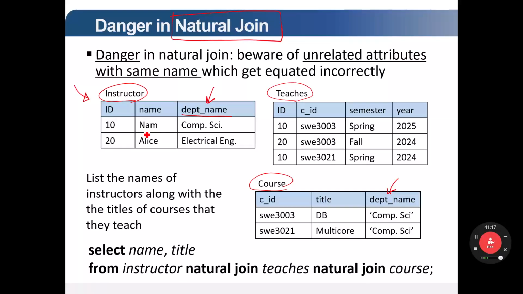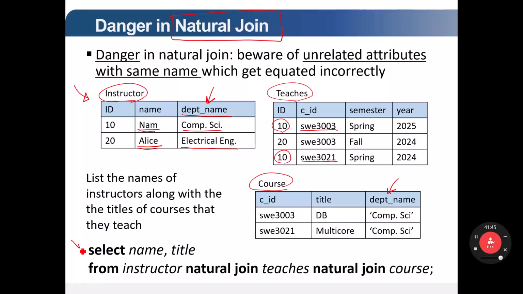We have instructor named Nam and another instructor named Alice. And Nam is from computer science, Alice is from electrical engineering, and 10 is for instructor Nam. Instructor Nam is teaching SW 3003, and he is also teaching 3021 in 25 and 2024.